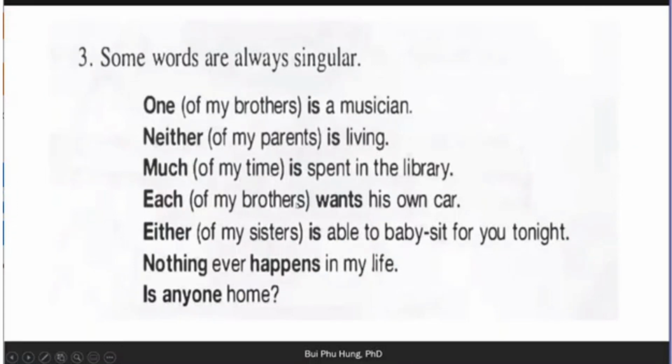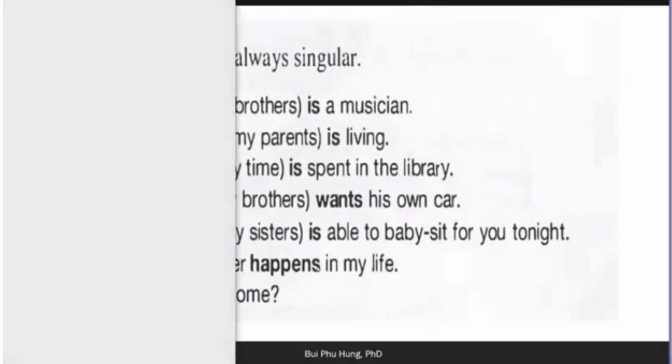Much is uncountable. Each of my brothers wants his own car. Either of my sisters is available to babysit for you tonight. Nothing ever happens in my life. Nothing happens, singular. Is anyone home?